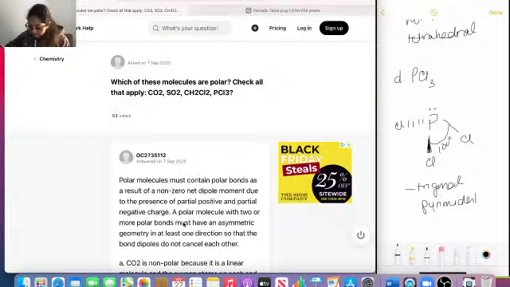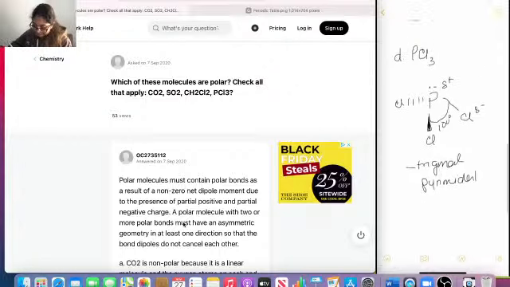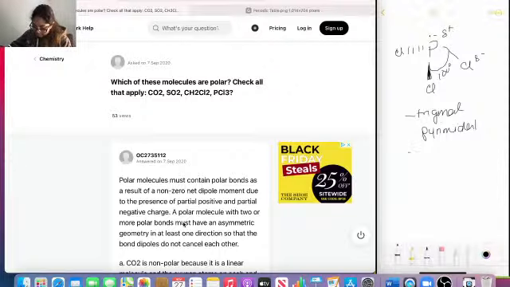It's asymmetrical, and chlorine is more electronegative than phosphorus, and so this has a net dipole. It's asymmetrical, so therefore this is polar.